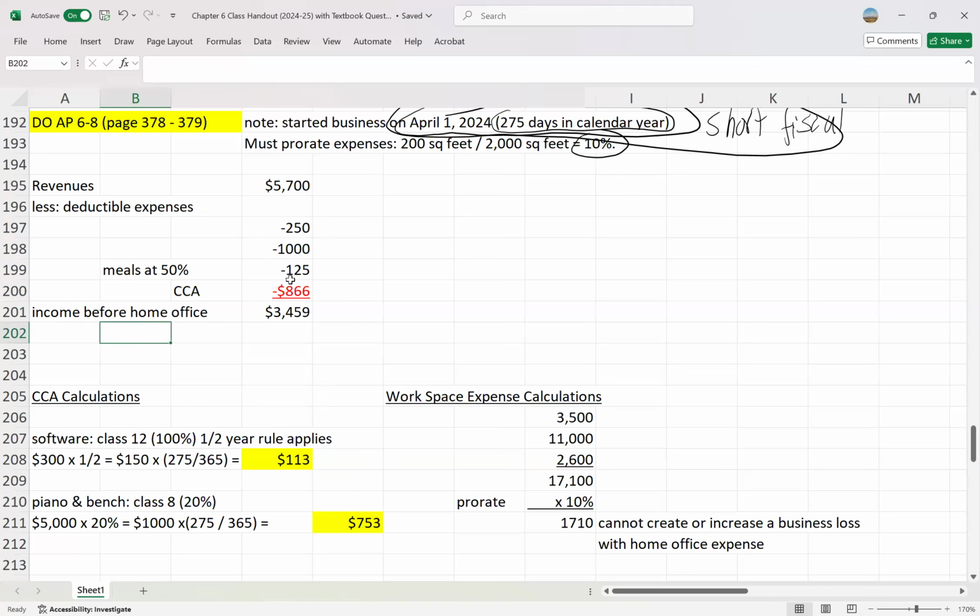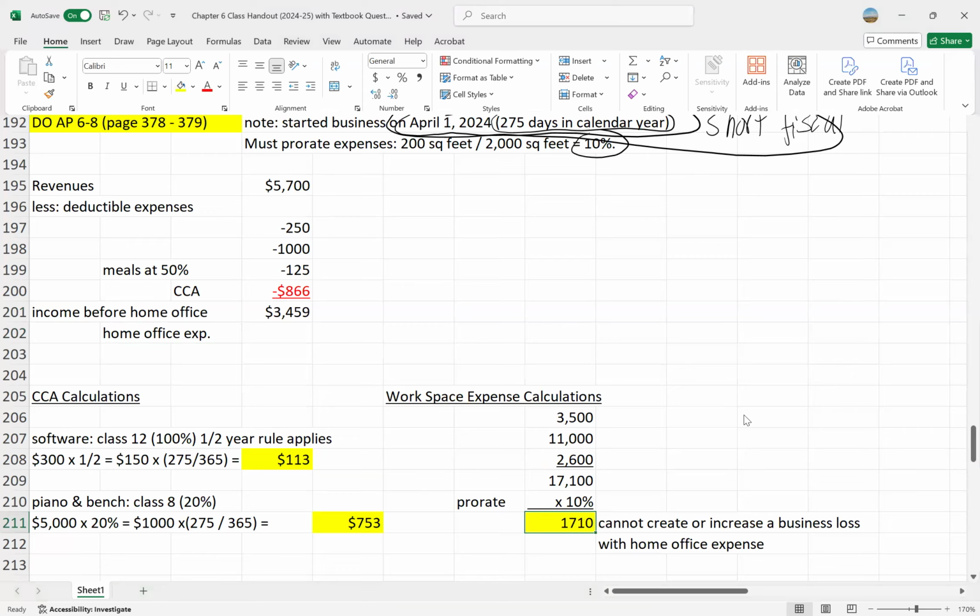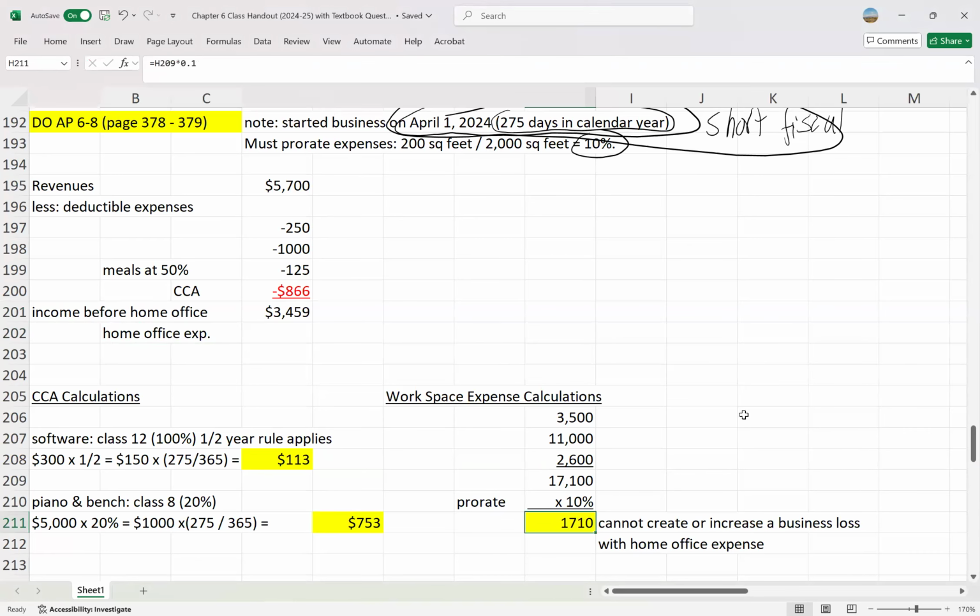And so we can only deduct home office expenses to bring the income down to 0, we can't create a loss, but the home office expenses are only 1,710. Right down here, 1,710. So what that means is we can deduct all of it. And our net business income will be 1,749.